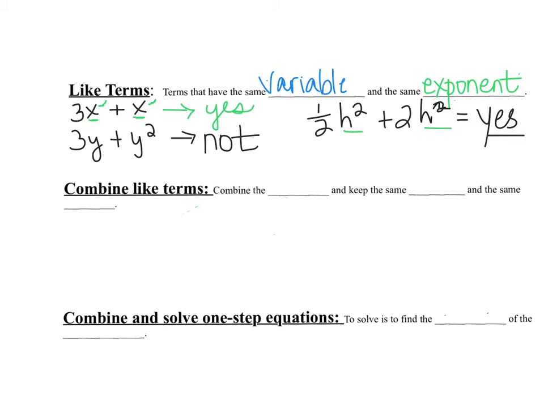All right, so when we combine like terms, we're going to keep the variable and exponent the same. What do we combine? We're going to combine the coefficients. And keep the variable and the exponent the same.